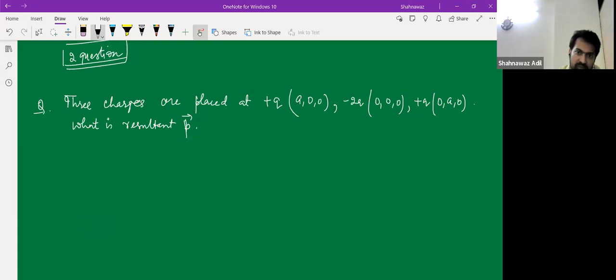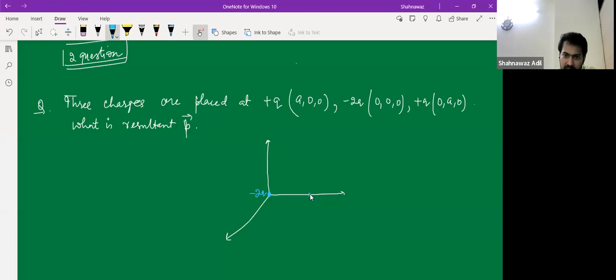Okay, let me draw the diagram. So one charge is placed here. This is minus Q, right?